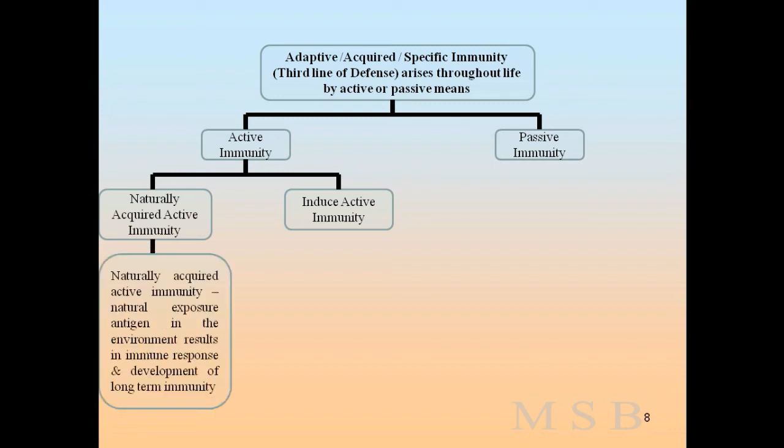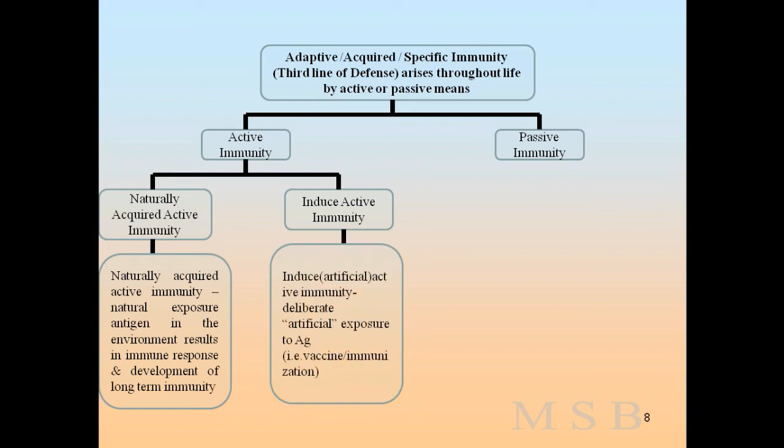Naturally acquired active immunity means natural exposure to antigen in the environment, and this exposure results in an immune response and the development of long-term immunity. Whereas induced active immunity means deliberate artificial exposure to antigen. Due to that there is a development of immunity. It's called induced artificial active immunity. An example is vaccination.